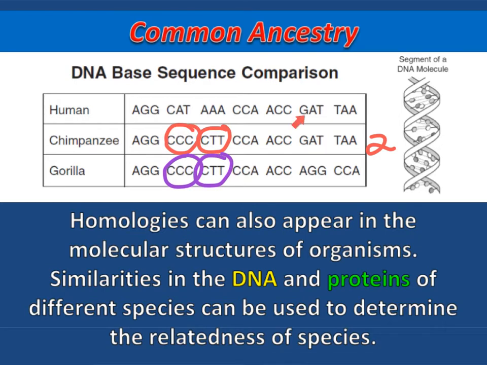ACC, same. GAT, AGG, now that's a different one. And the last one, TAA, CCA. So that is also different. So there is a total of 4 differences. So, therefore, the human and the chimp are most closely related. Human and the chimpanzee are most closely related because they only have 2 differences.